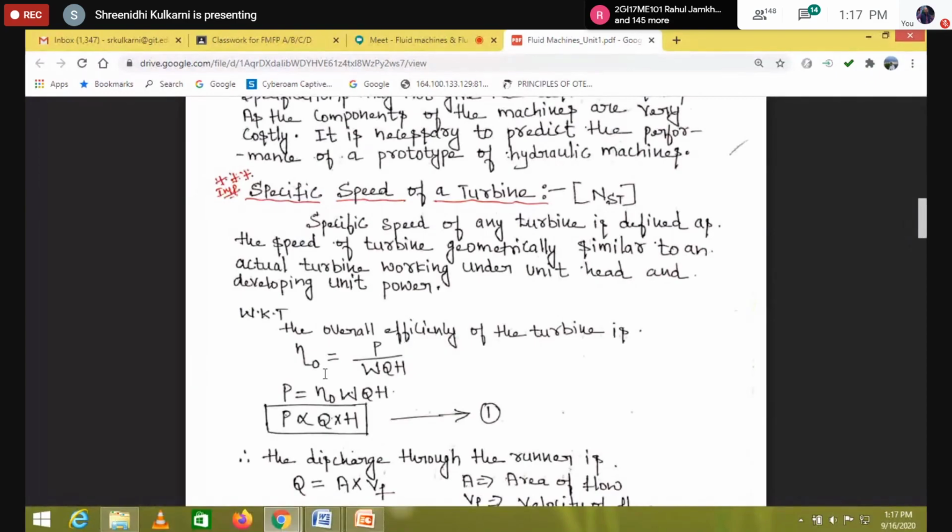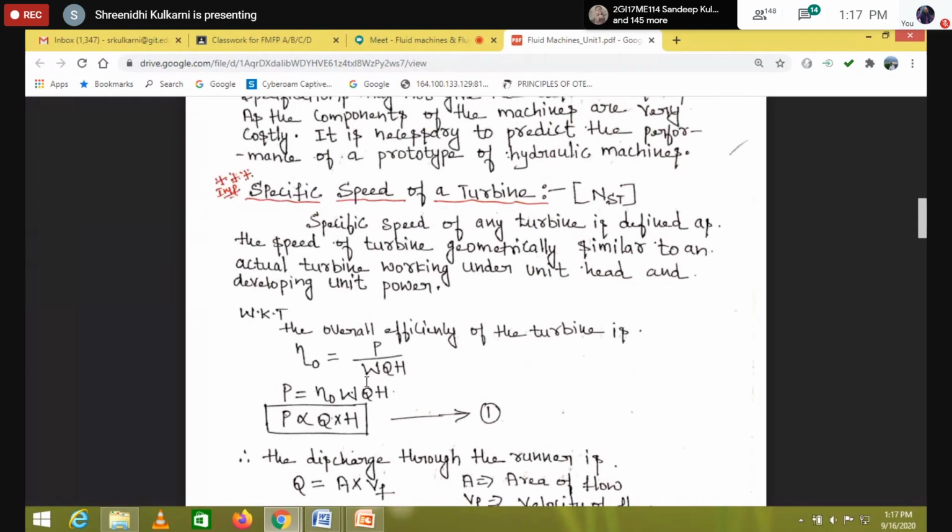So this equation is given by overall efficiency is P by WQH. Here P is the power at the shaft of the turbine, given in kilowatts, and W is the specific weight of the water, given by 9.81 into 1000 Newton per meter cube. I think everyone knows this, right?